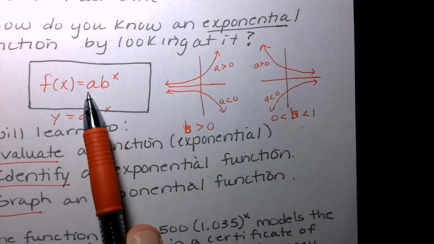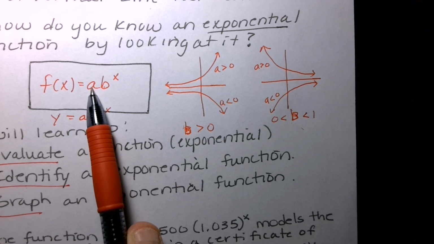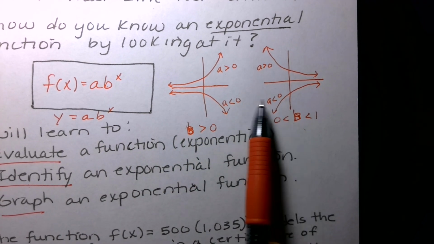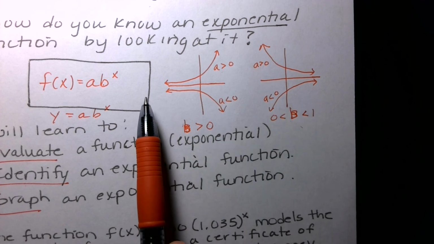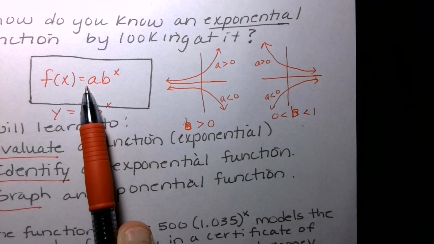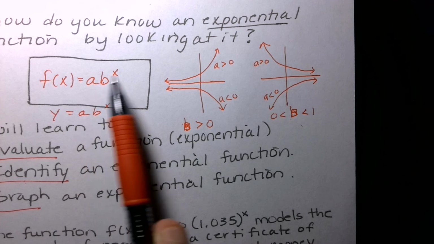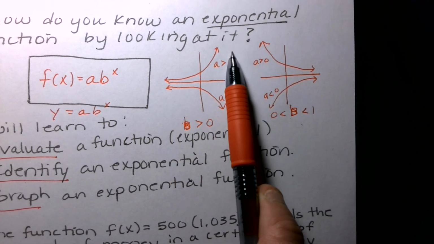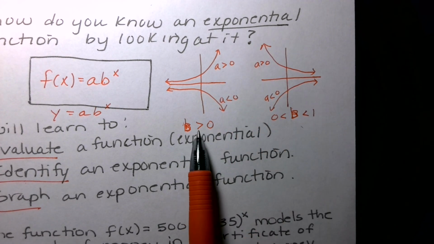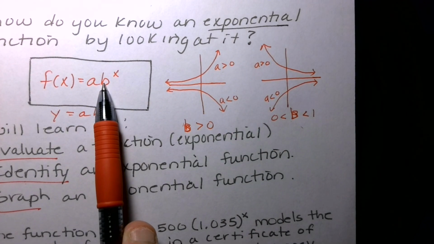If the a is less than 0, if it's a negative, notice that these are both always under the x-axis. If this is a positive number, it's greater than 0, it's going to be above the x-axis. Now how it turns depends on this one. Okay?